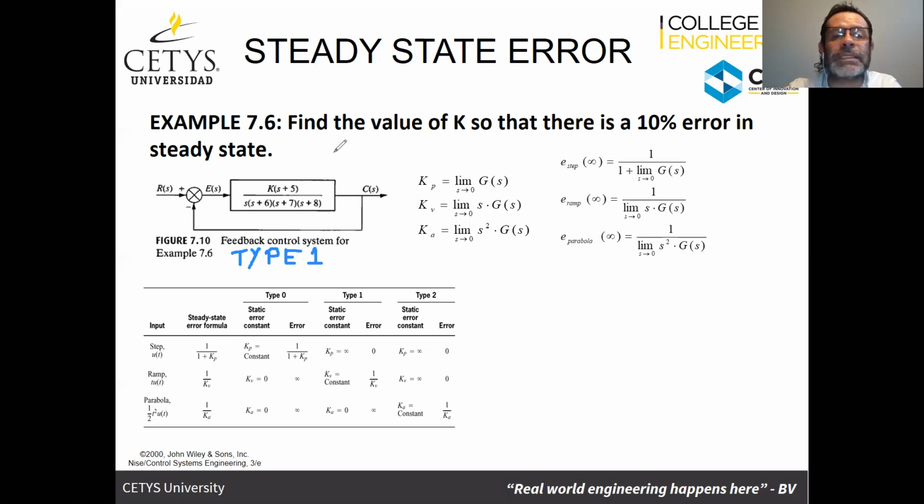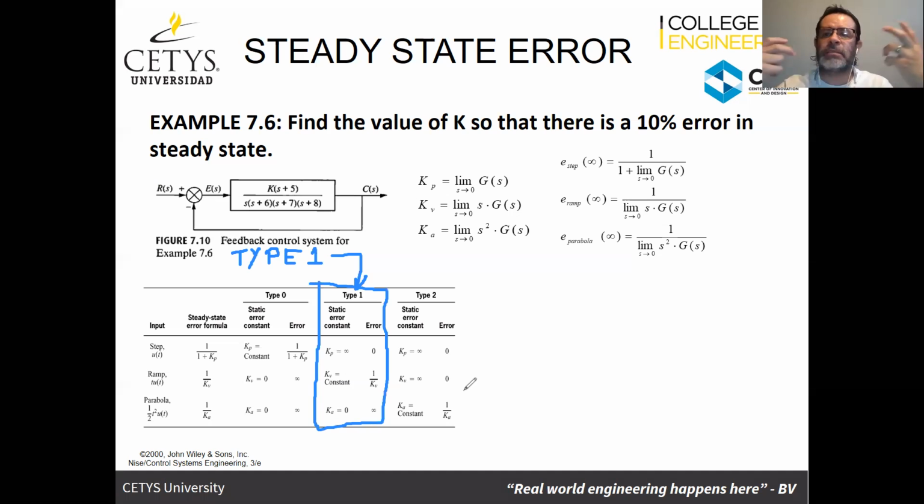And so if it's a type 1 system, we're really talking about these situations here. Now I ask you, for which of the situations for a type 1 system do I get a constant error?